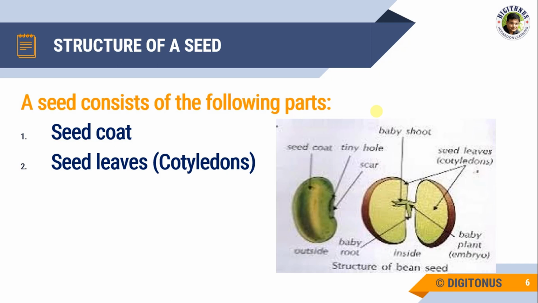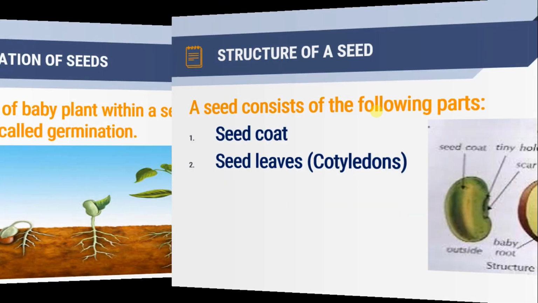The seeds which have two cotyledons are called dicot seeds. For example, pea, gram. And the seeds which have only one cotyledon are called monocot seeds like rice, maize and wheat. Now let us study about germination of seeds.